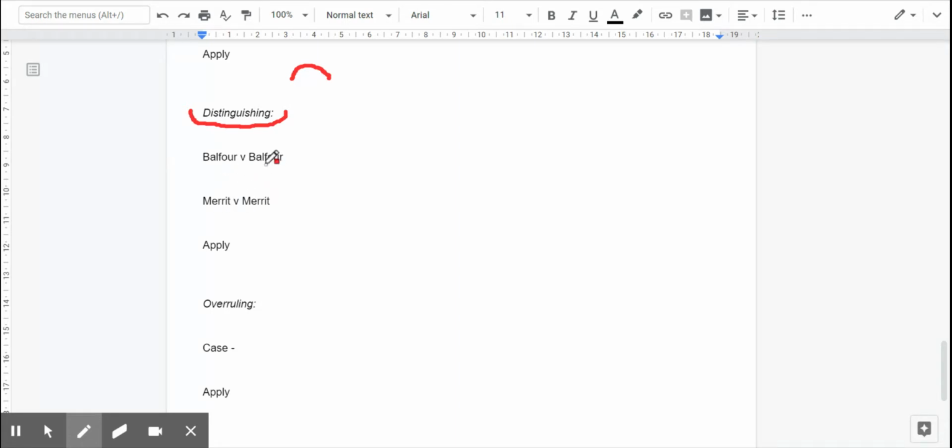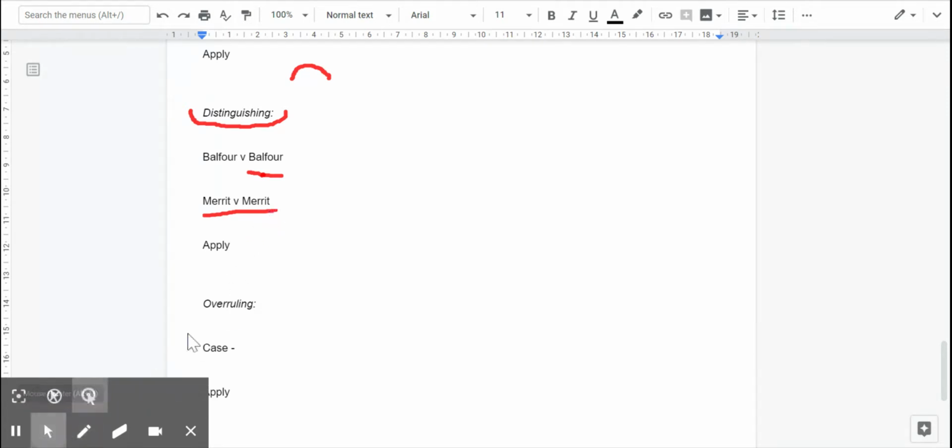There are significant and substantial material differences within the facts of each of these cases, like in Balfour and in Merritt, and we can apply by saying it's possible that the judge in Harry's case will be able to distinguish it from the previous one.